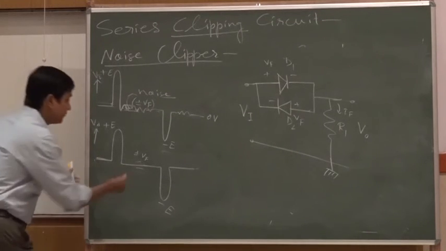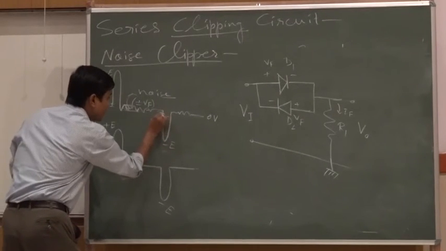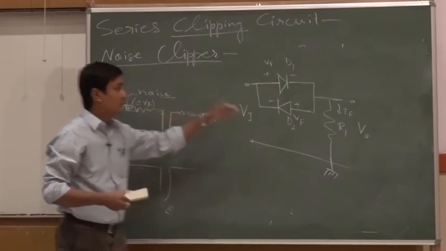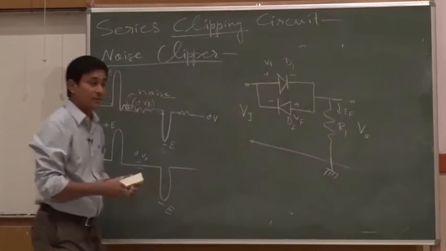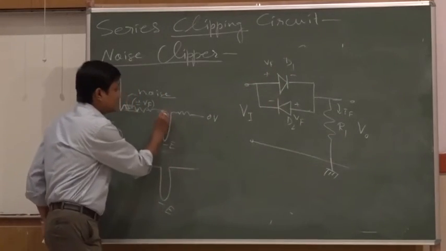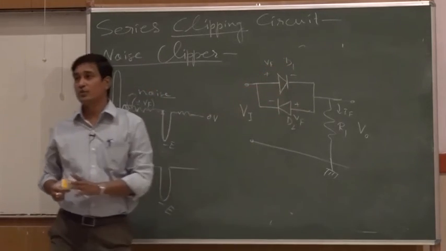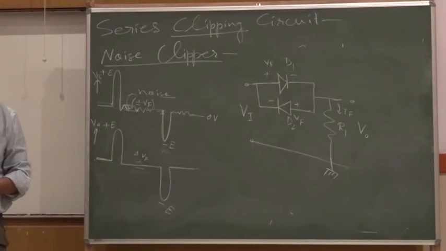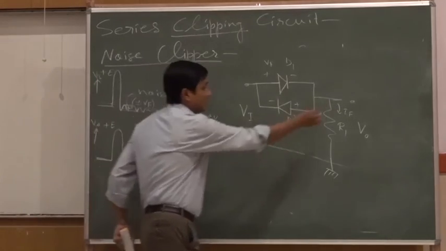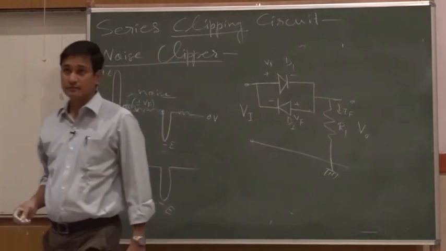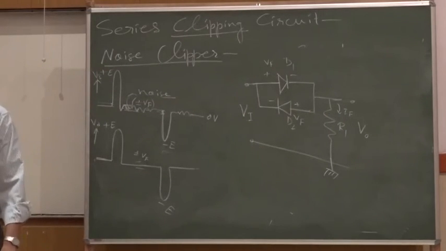So, if some negative voltage is applied which is beyond minus Vf, those will give some current there, but less than this, nothing will flow either through this or this. So the output voltage will be 0 there. That way this clipping of the noise can be done here. That is why it is called a noise clipping circuit.